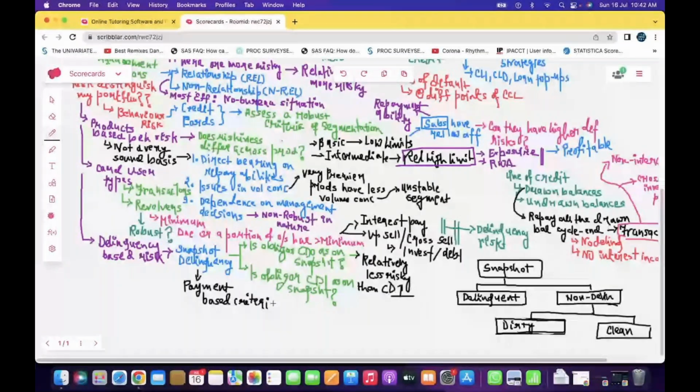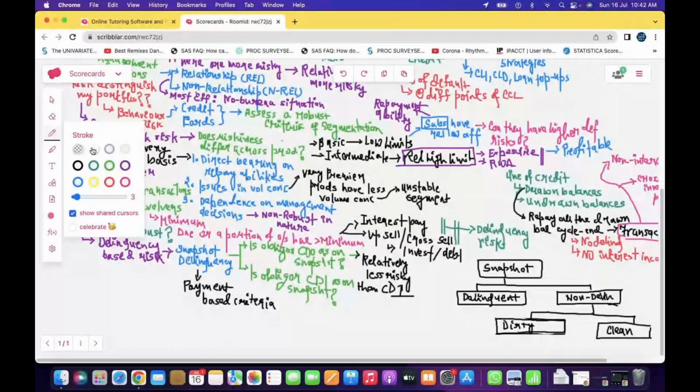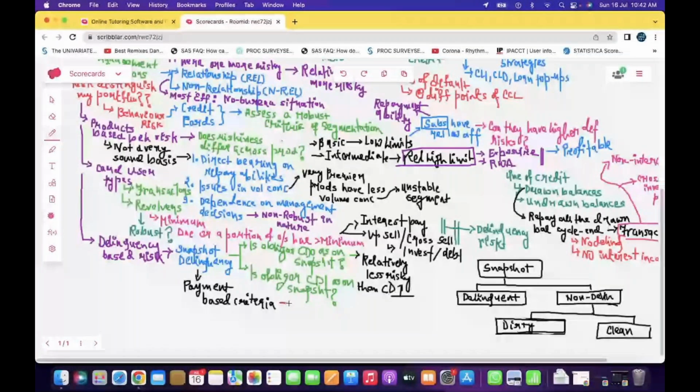Given that it is a payment based criteria, this is important or useful in risk based pricing of the secondary line of credit that will be given to them. So the risk pricing can be done for the borrower.